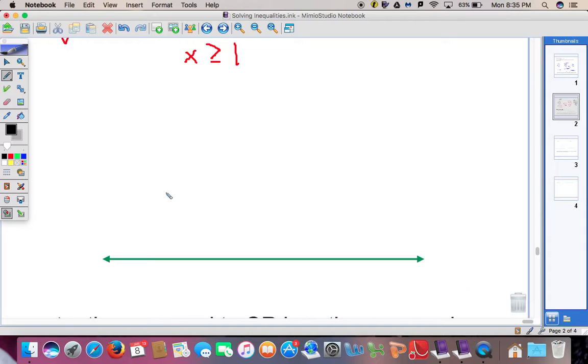Okay, so now if I want to graph that solution of x is greater than or equal to 1, I would start by plotting my points in my number line, and then because I have this or equal to symbol right here, I'm going to have a closed circle at 1, and my arrow is pointing to the right, so I am going to shade everything to the right.